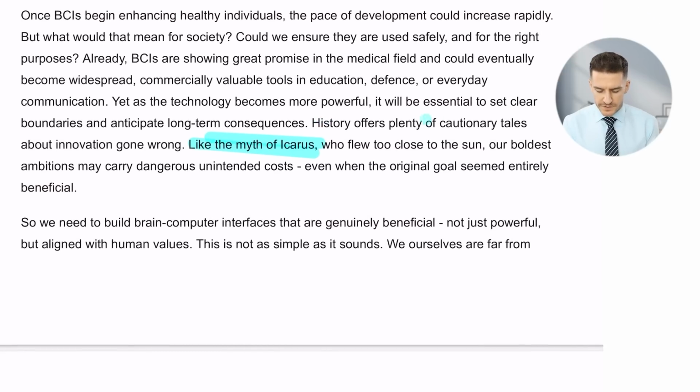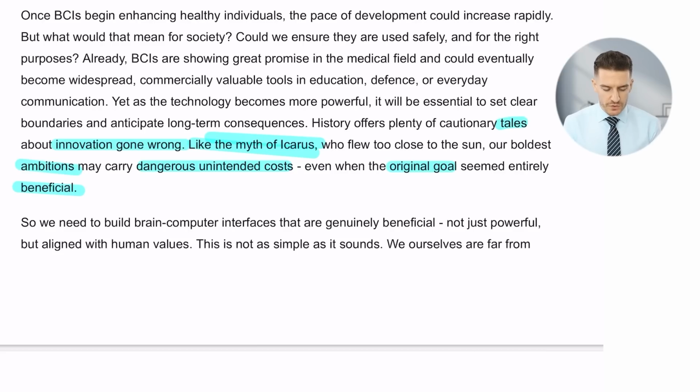So history offers plenty of tales or stories about innovation gone wrong. So Icarus, who flew too close to the sun, our boldest ambitions or our biggest goals may carry dangerous unintended costs, even when the original goal seemed entirely beneficial.